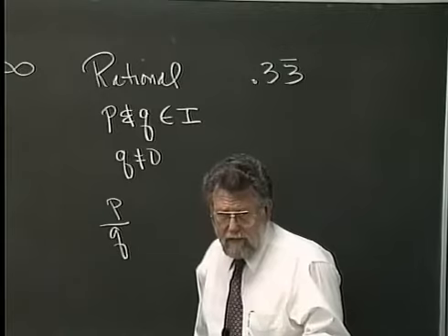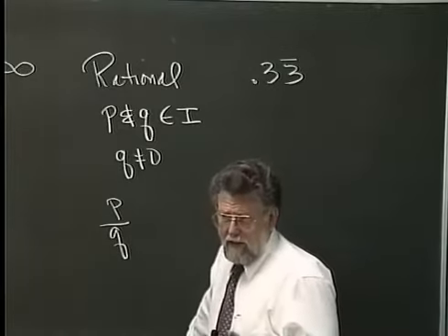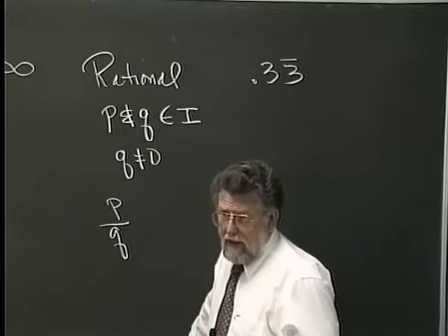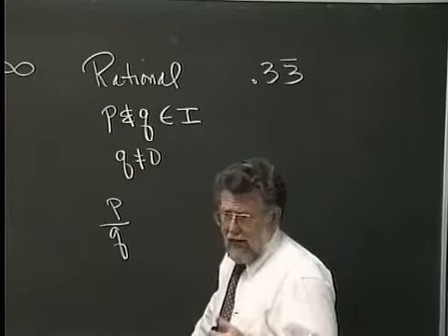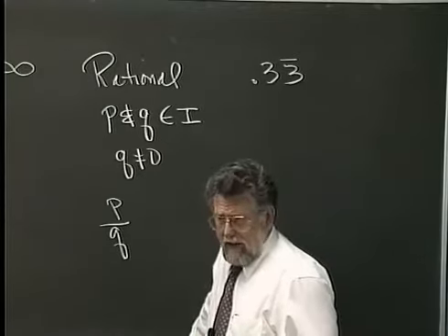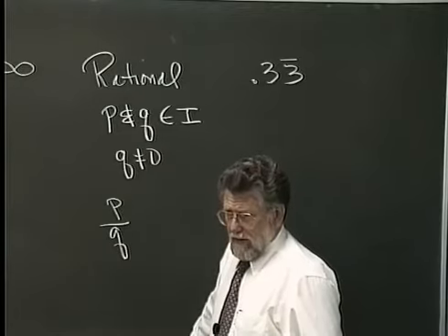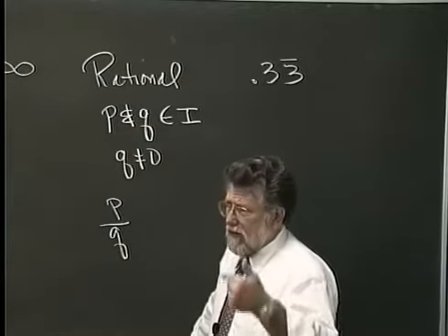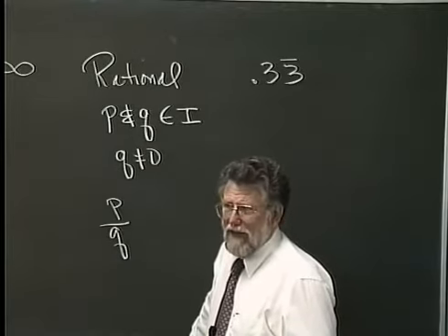Can it be terminating? You just told me if a decimal terminated, it was rational. So if it's irrational, it can't terminate. Can it repeat? No. So it's non-repeating, non-terminating, like pi is irrational.